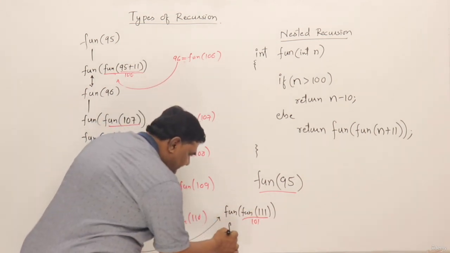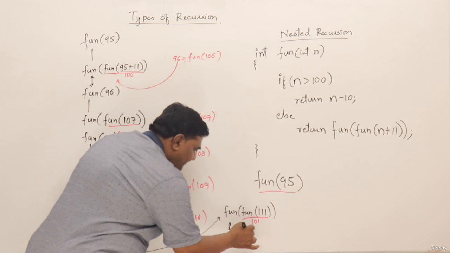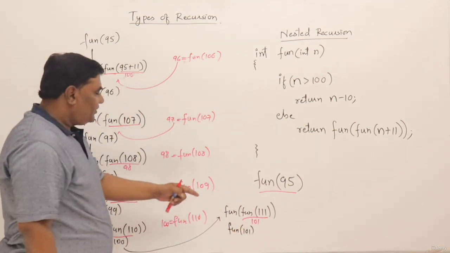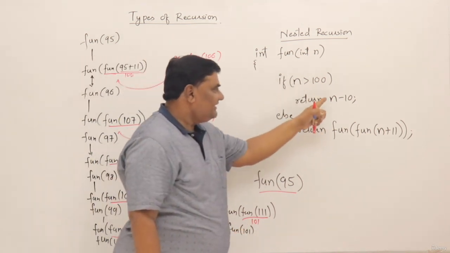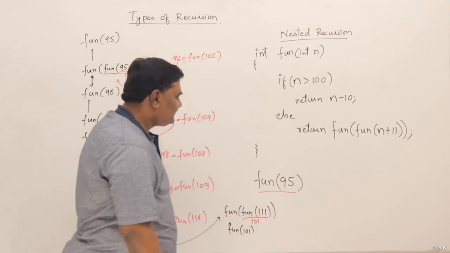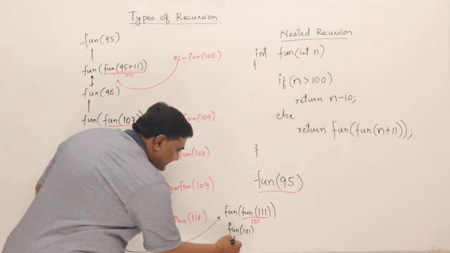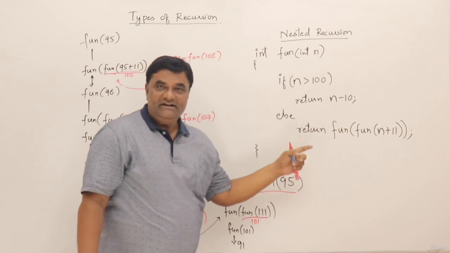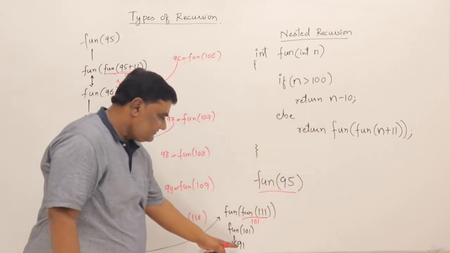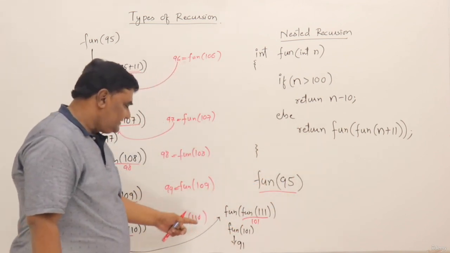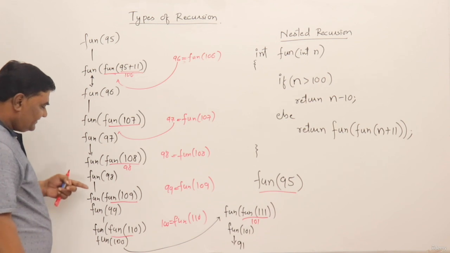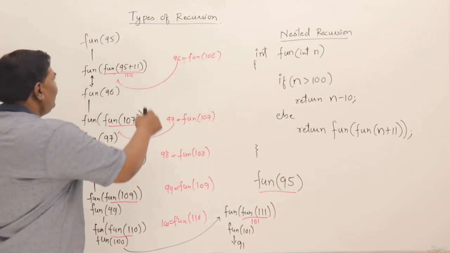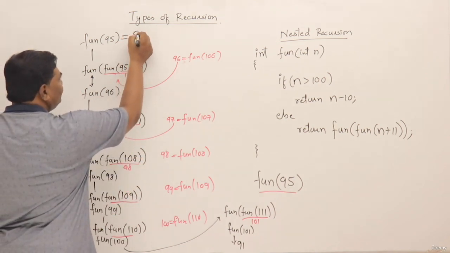So this function call finally becomes fun of 101. Fun of 101, again it is greater than 100. So this will be 101 minus 10. So this becomes 91. Now this time it will not enter into the else part and it will return 91. It goes back to this call and this one and this one and this one. Finally, the result of this one is 91.